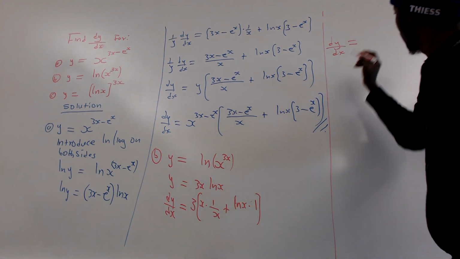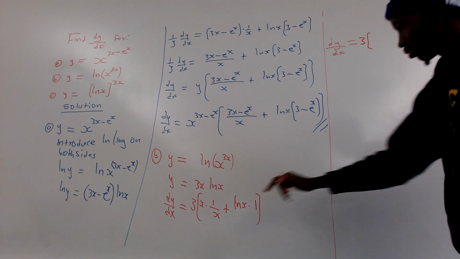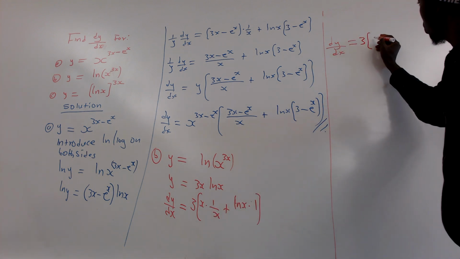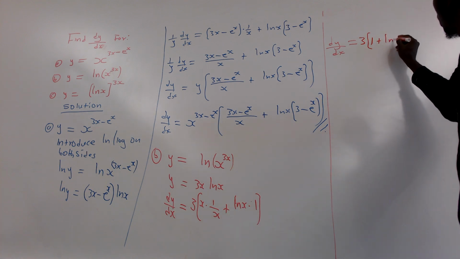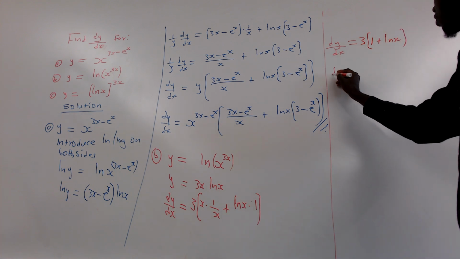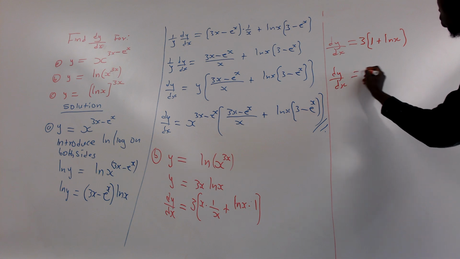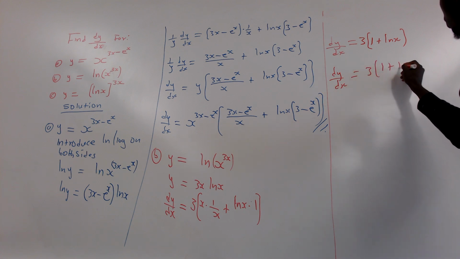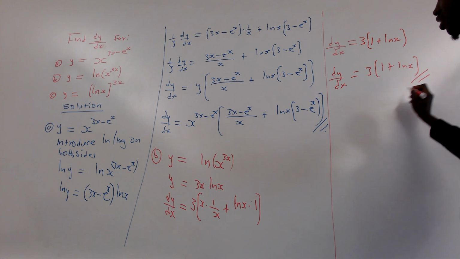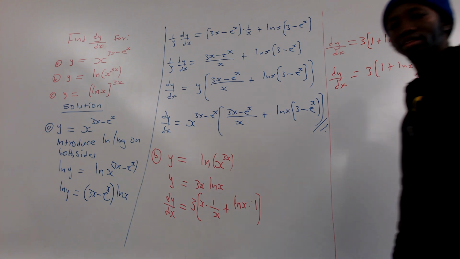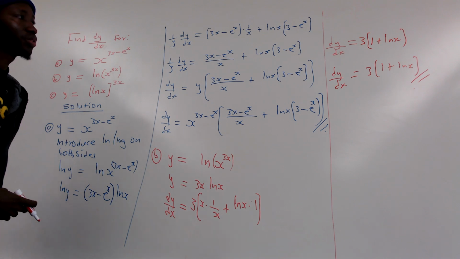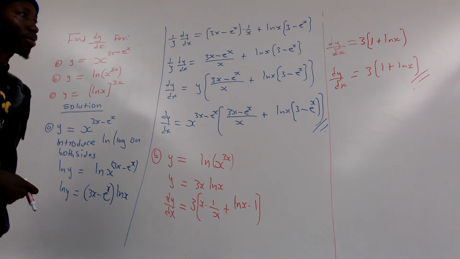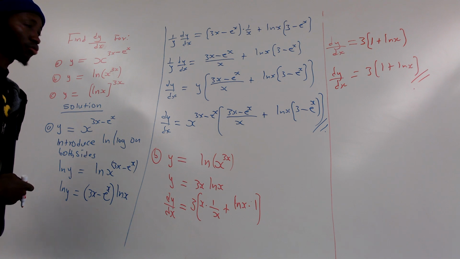We maintain our 3 into x, and x will cancel x, so this will just be 1, plus ln x times 1, this will be ln x. So the final result is going to be 3 into 1 plus ln x. This is the final result for the second function given. So this derivative dy/dx equals 3 into 1 plus ln x.